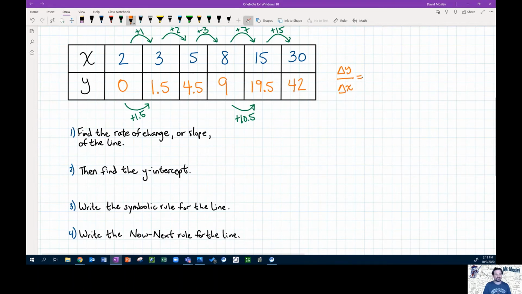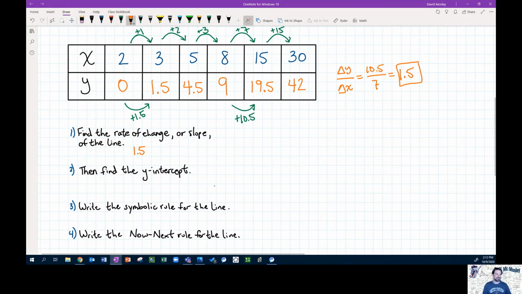Our change in y was 10.5. Our change in x was 7. If we do 10.5 divided by 7, well, that's going to be 1.5. Half of 7 is 3.5. 7 plus 3.5 is 10.5. So 10.5 divided by 7, again we get 1.5. This is good news. That means our slope, the rate of change, is 1.5.